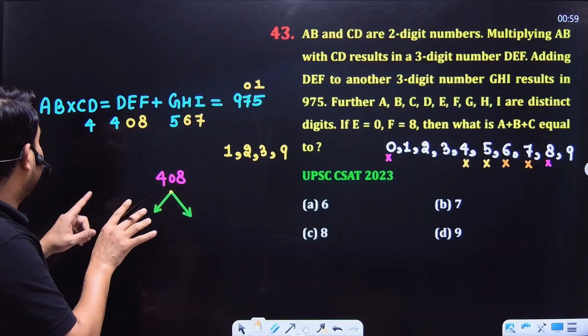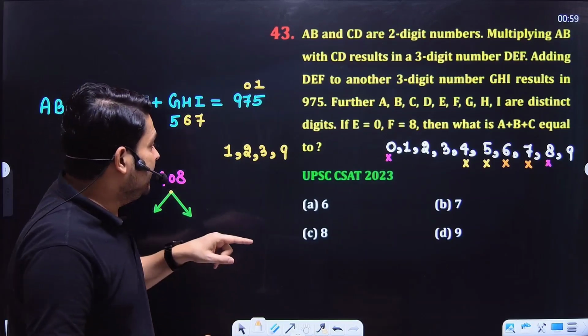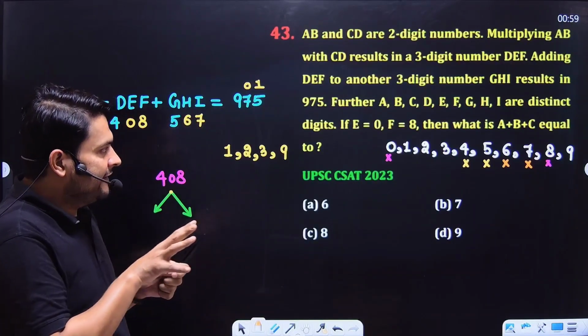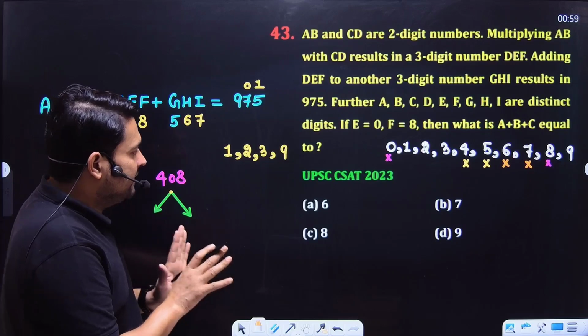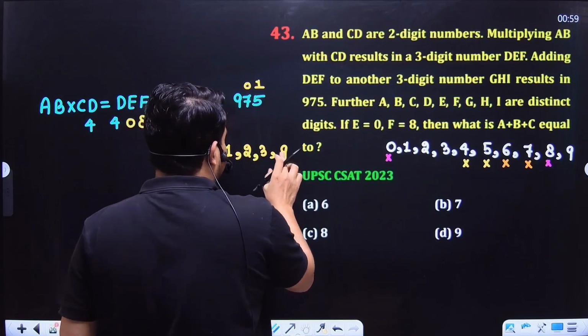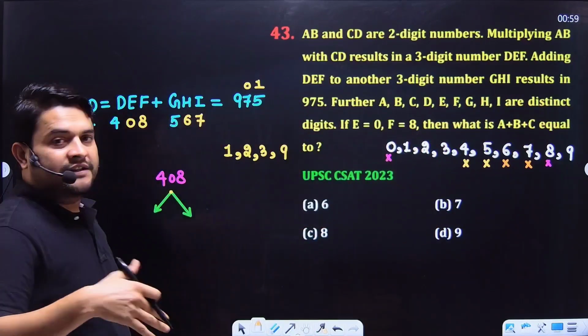See, I have to find out the value of A plus B plus C, and A, B, and C can take only 1, 2, 3, and 9 as their values. See, the maximum sum is 9. If you take 9 as any of the values, then your answer will be greater than 9.